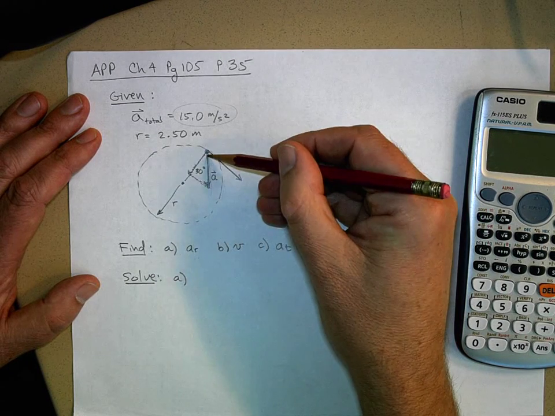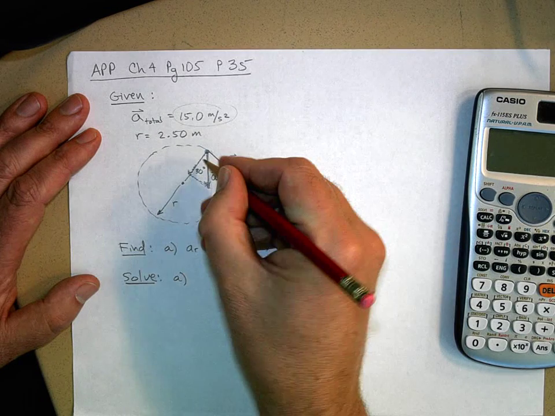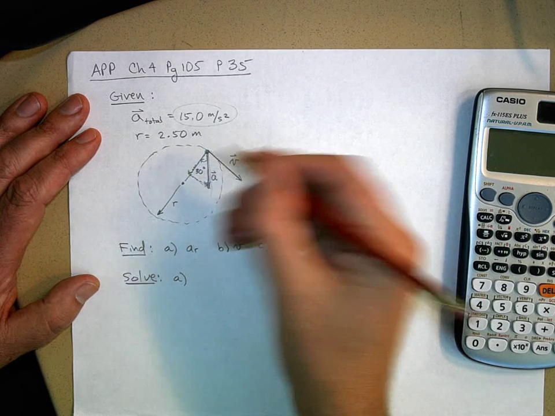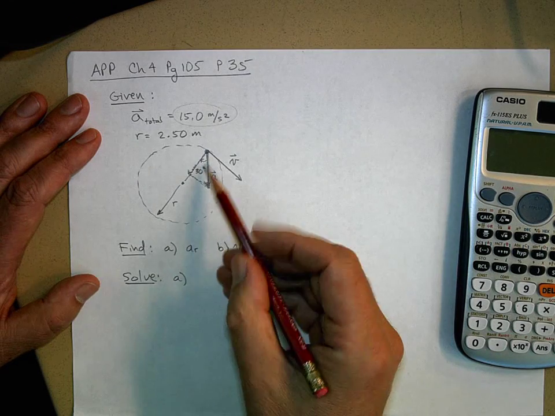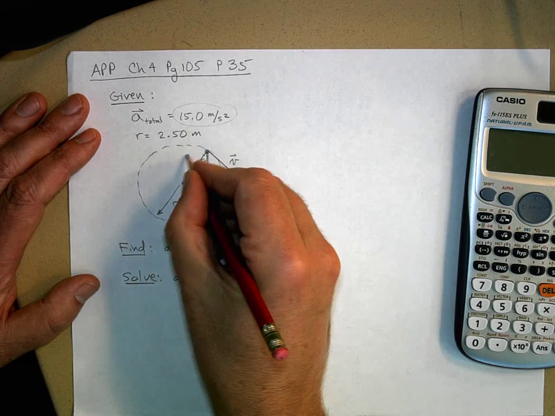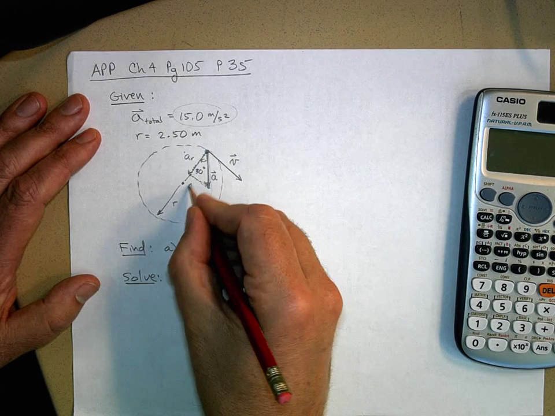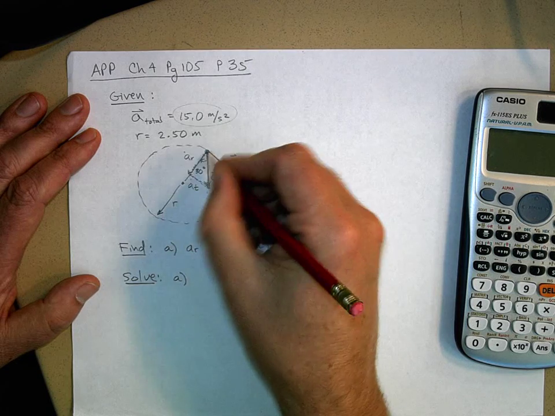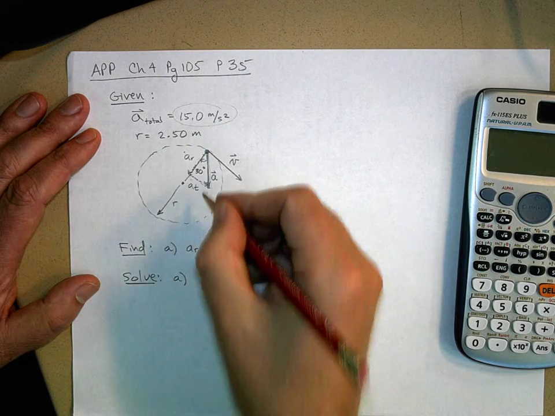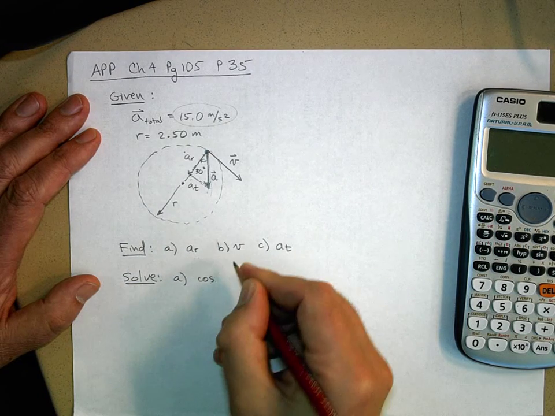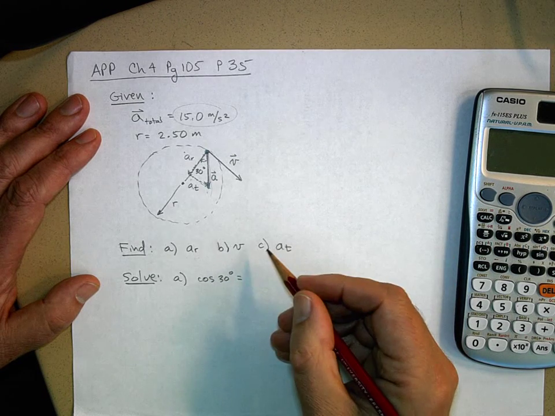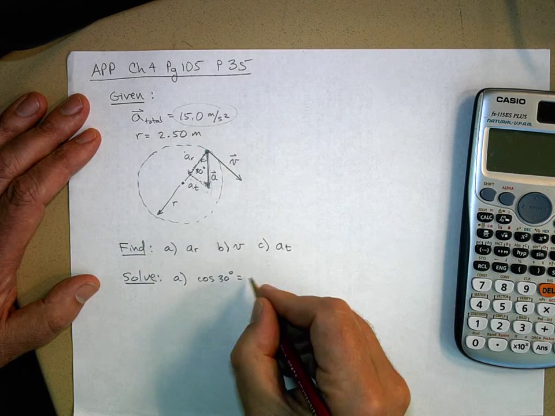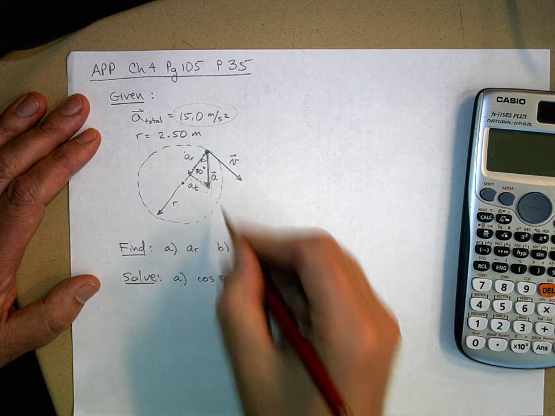If this is 30 degrees right here, then this is the adjacent leg of the right triangle formed by the radial component. The tangential component is here. So the cosine of 30 degrees is equal to the adjacent over the hypotenuse.